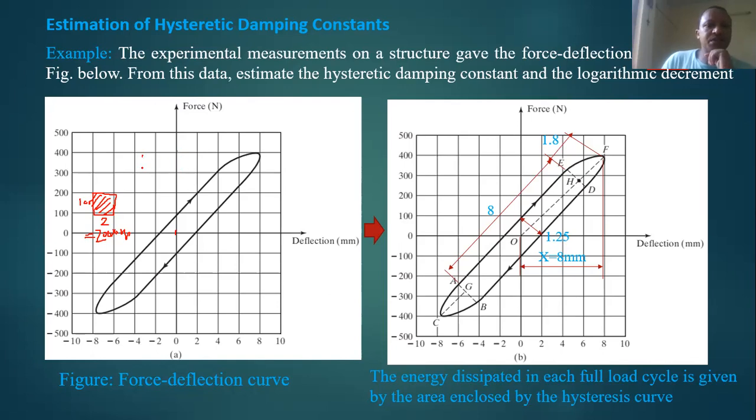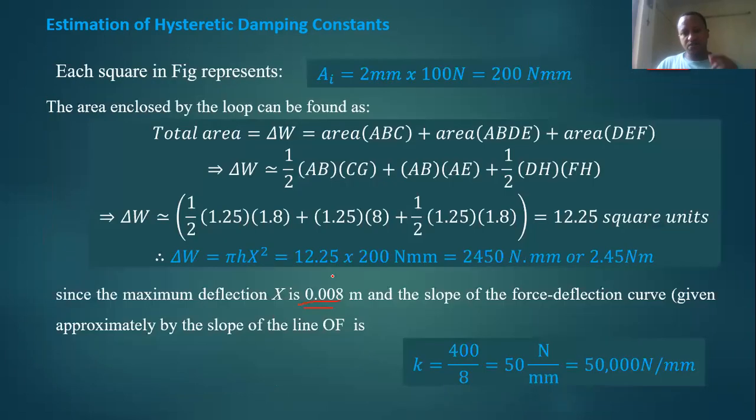The slope k is the slope of the graph, delta y over delta x, which is equal to delta y from here to here, 400, and delta x is 8 millimeter, from here to here it is 8 millimeter. So that gives us the slope, that is 50 Newton per millimeter or 50,000 Newton per meter.